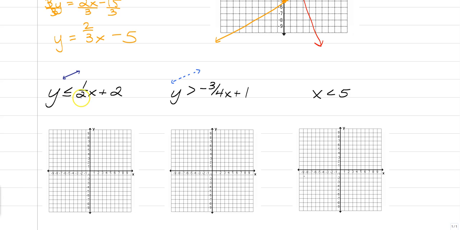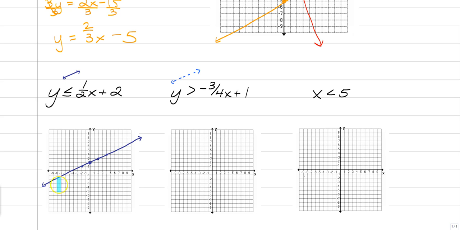So for y is less than or equal to 1/2 x plus 2, we graph it the same way. We go to our plus 2, we go up 1 over 2, up 1 over 2. Then if we want to go backwards, and your line is going to be a solid line. Now, what do you do after that? Well, after you graph the line, you need to shade.